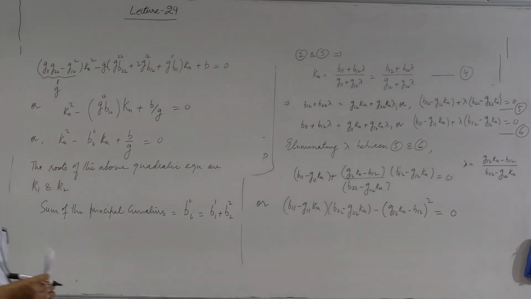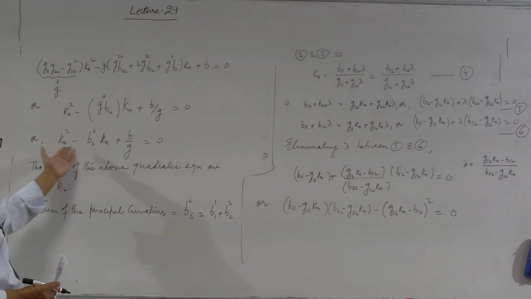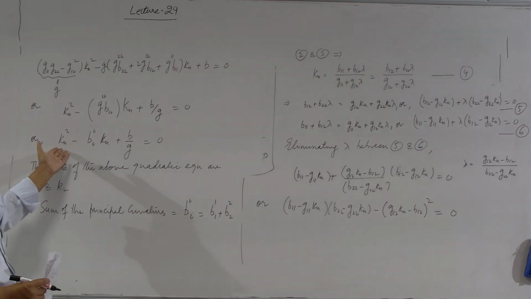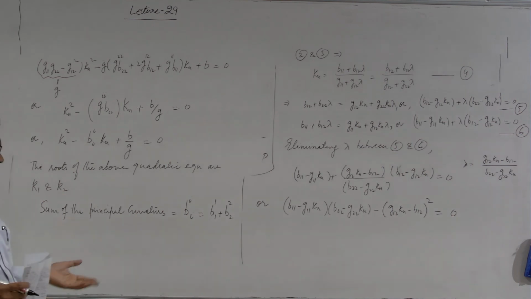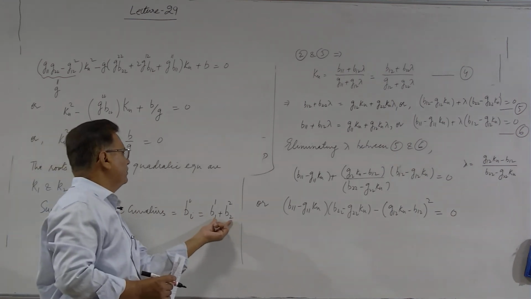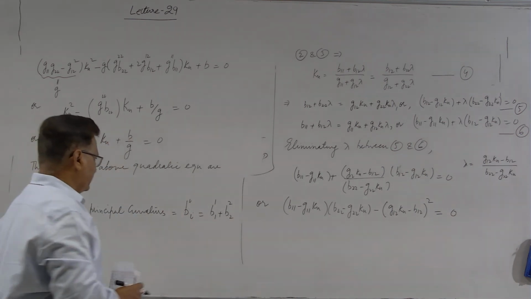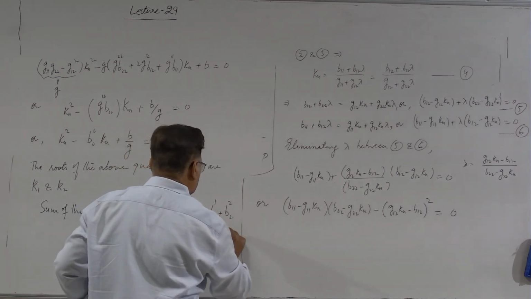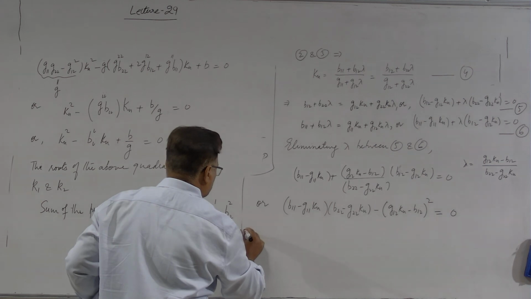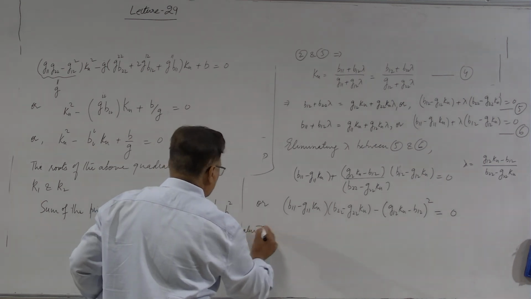This is also a curvature measure, because these are the roots of a quadratic equation in the variable normal curvature. So the roots will be some curvature measure, and the sum of the curvature measures is also a curvature measure. We will call it the mean curvature.